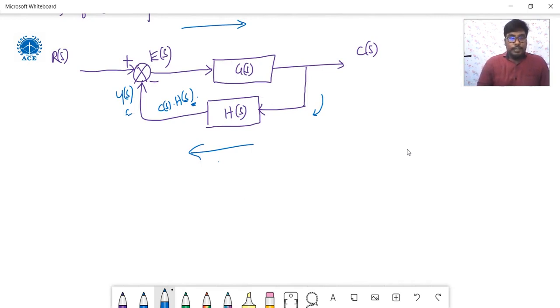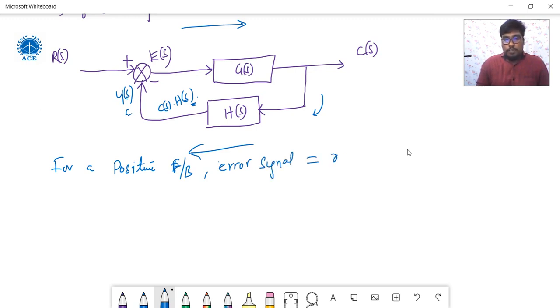See here, for a positive feedback, error signal is equal to R of t plus Y of t.